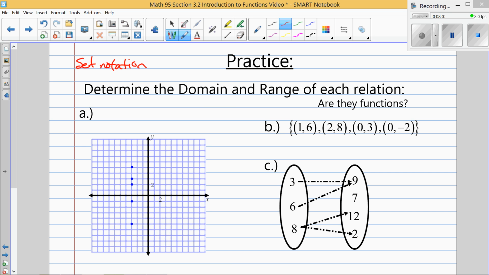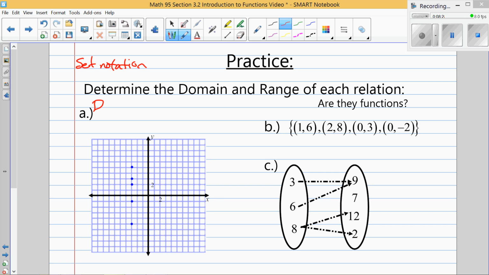So if I want to determine the domain and range of this first relation, remember that the domain is all possible valid input for x values. So as I look at this graph, I need to find my x values. So here's my x-axis. My x values will be the horizontal grid values.